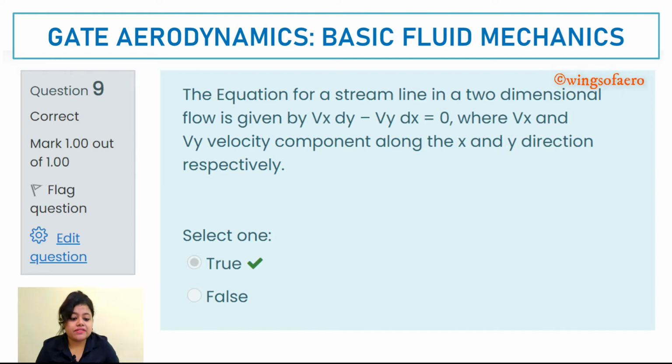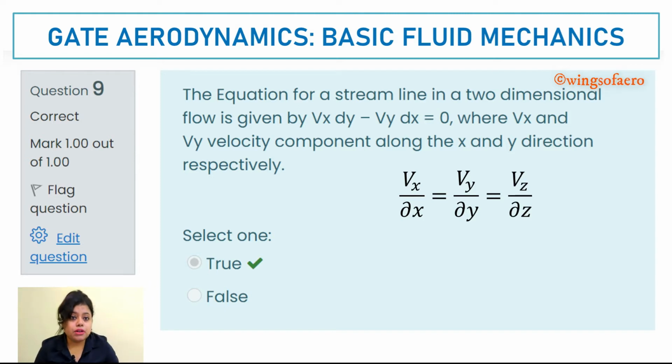Now, in this question they have asked a true or false. They have given a statement, and we have to find out whether it is true or false. The equation for a streamline in a two-dimensional flow is given by Vx dy minus Vy dx equal to 0, where Vx and Vy are the velocity components along the x and y directions respectively. Now, recall the formula for a streamline; in some textbooks Vx is represented as small u.